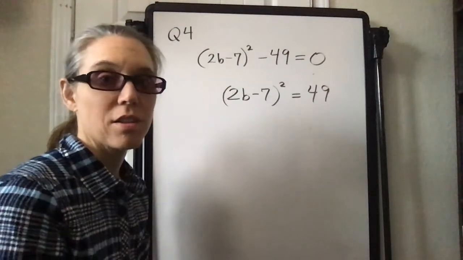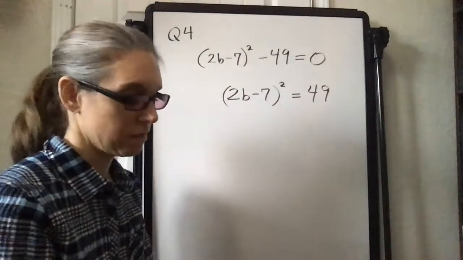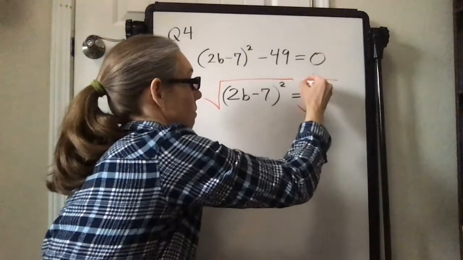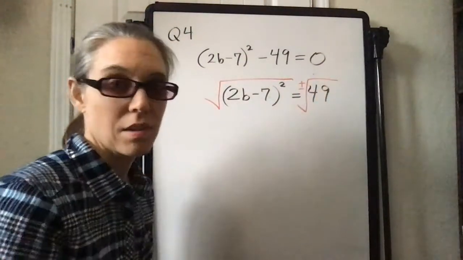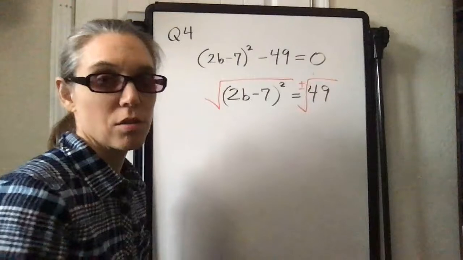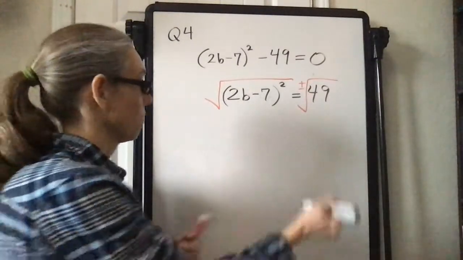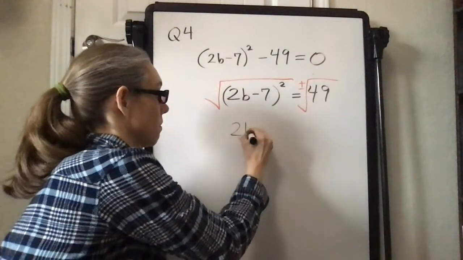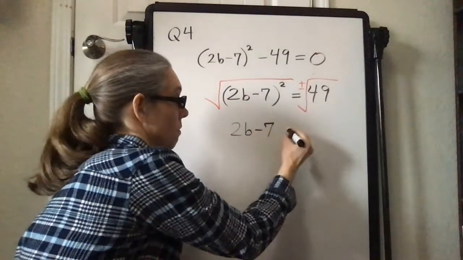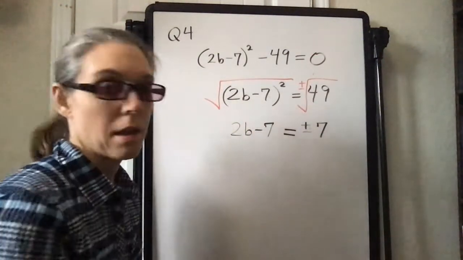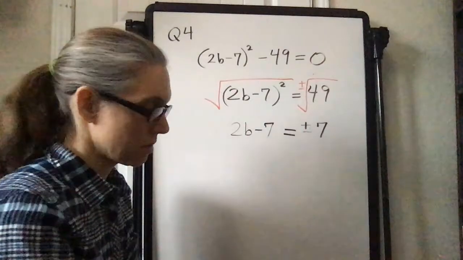Now we can apply the square root property to both sides. The square root of the square, remember the square root and the square cancel. And then we'll add 7 to both sides.